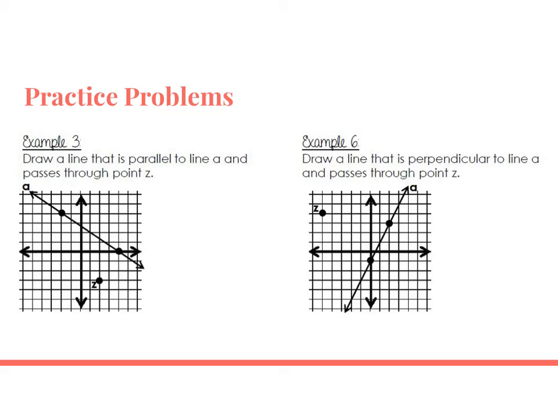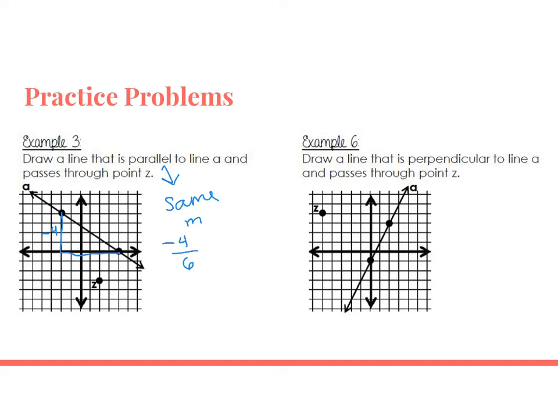So if I'm looking at this, I know that parallel lines have to have the same slope. So I know that line A has a slope of negative 4, 1, 2, 3, 4, 5, 6 over 6. So Z is also going to have a slope of negative 4 over 6.